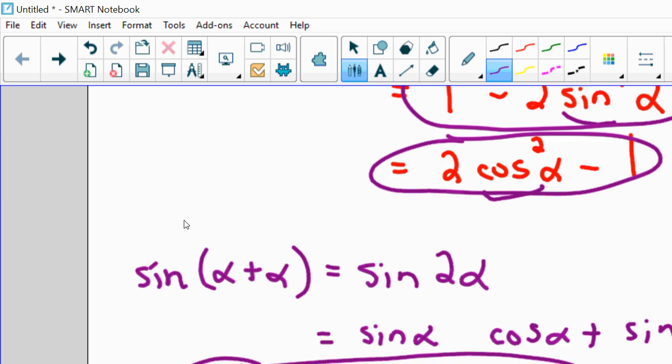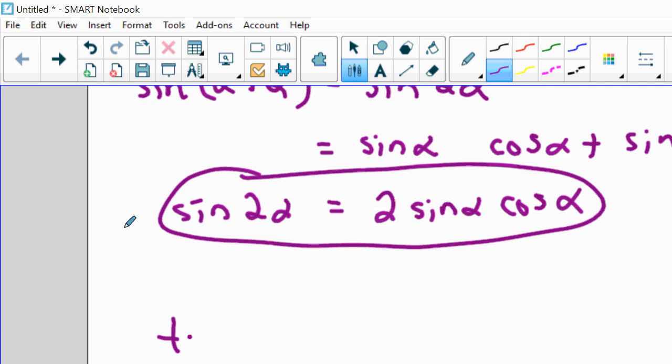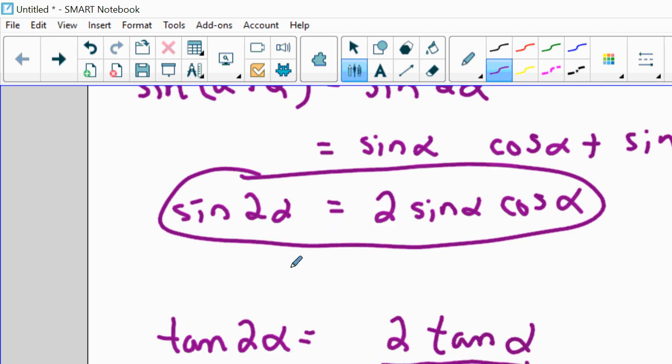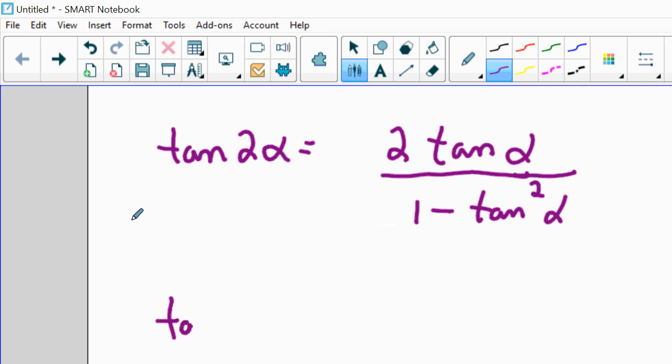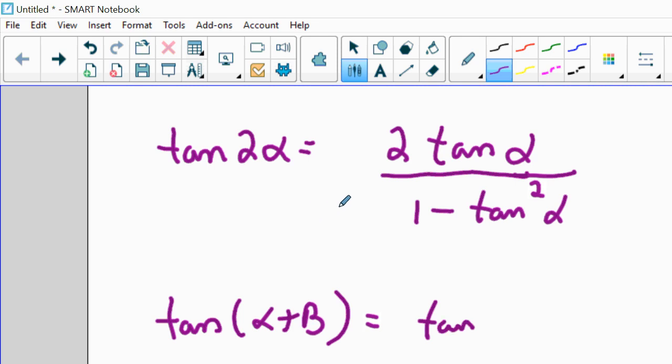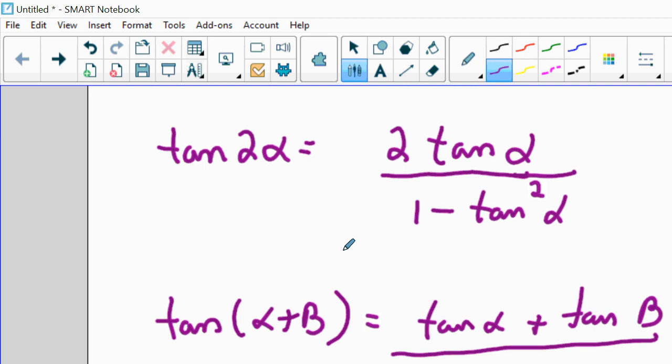And a little more painful, but not much, tangent of 2 alpha is 2 tangent alpha over 1 minus tangent squared alpha, which, if you remember the formula from last time, tangent of alpha plus beta, which is tangent alpha plus tangent beta over 1 minus tangent alpha tangent beta.